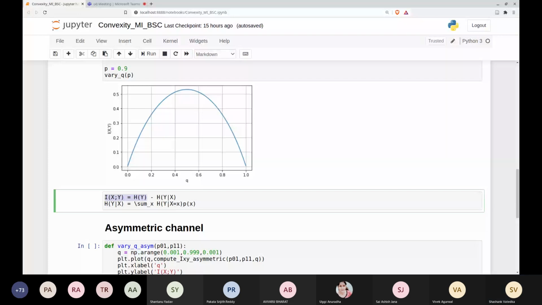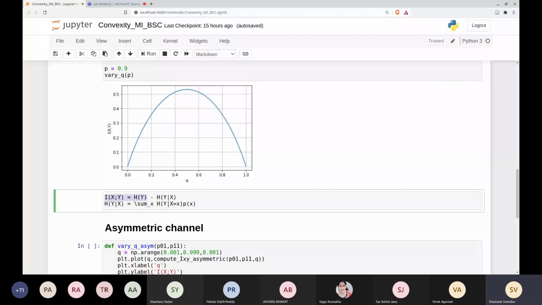So for a binary symmetric channel, if the input is uniform, then what can you say about the distribution of the output y? Uniform, right? And does this depend on P? No, sir. It doesn't, right?